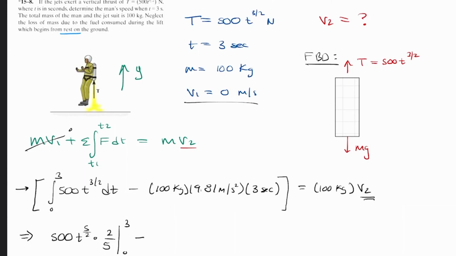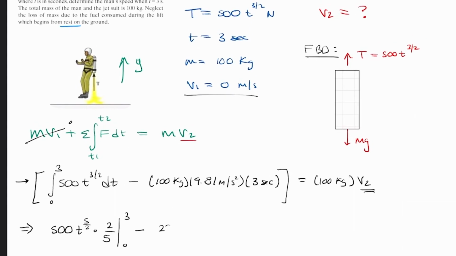That gives me about 2,943 right there, and this is equal to 100 v2. So if you evaluate the equation right there, this is approximately 3,117.7.